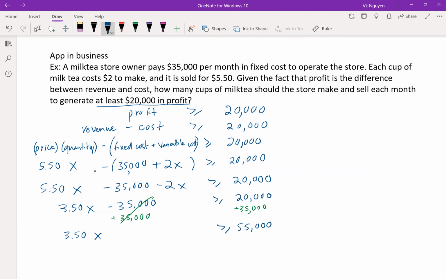And then we just have to divide both sides by 3.50. And that would get us X greater than or equal to 157.14. Well, round off to 157.